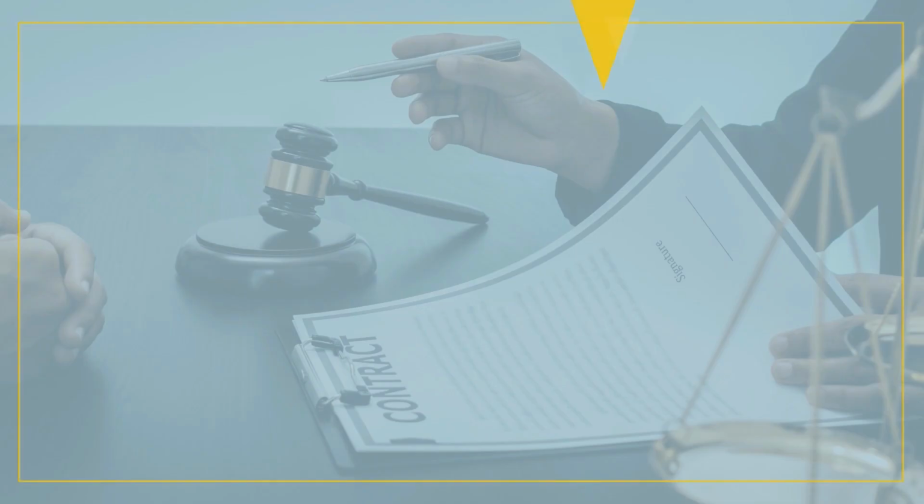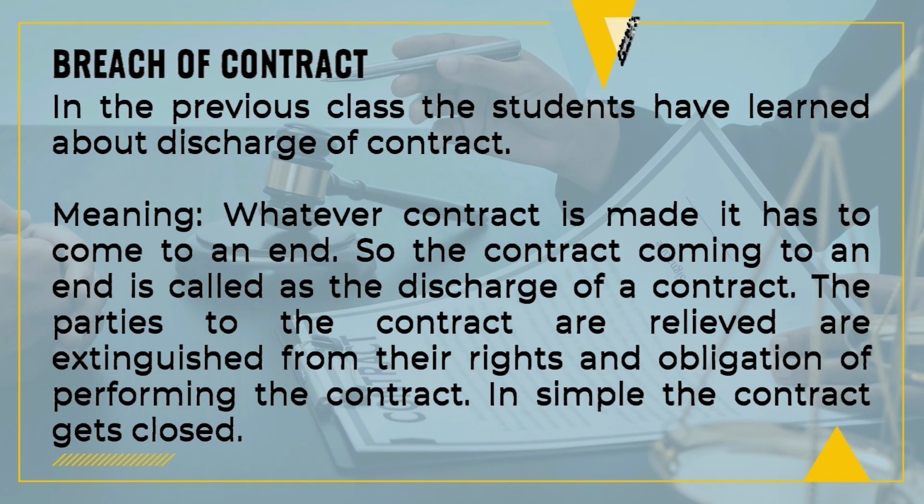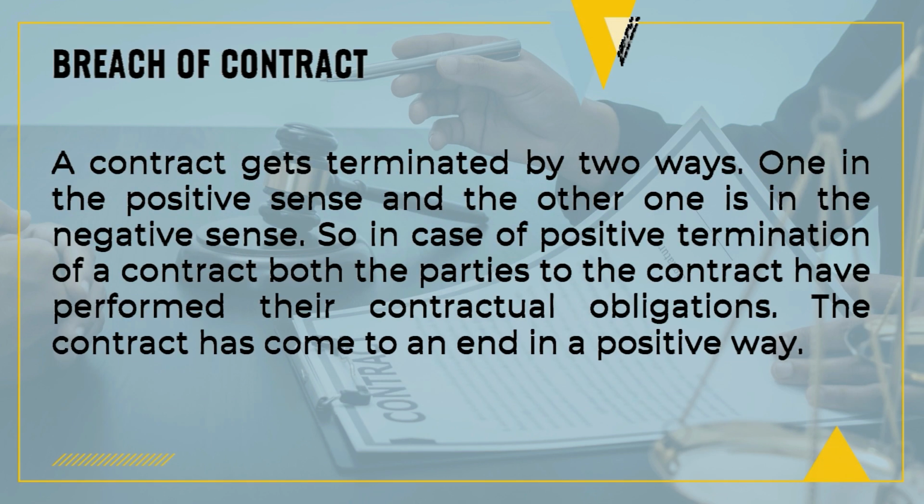Dear viewers, in our previous class, we have learned about discharge of contract. Discharge of contract means putting an end to the contract, and a contract can be discharged in two ways, one in a positive way, another in a negative way.